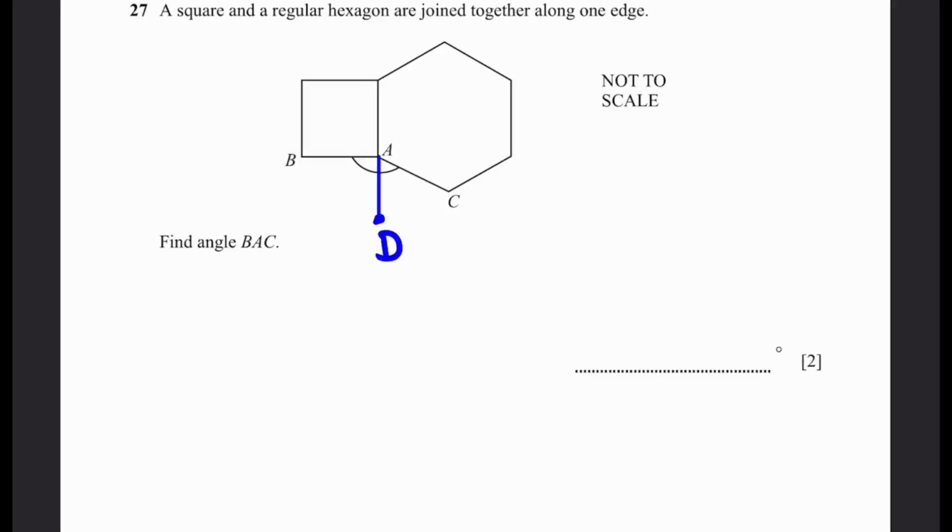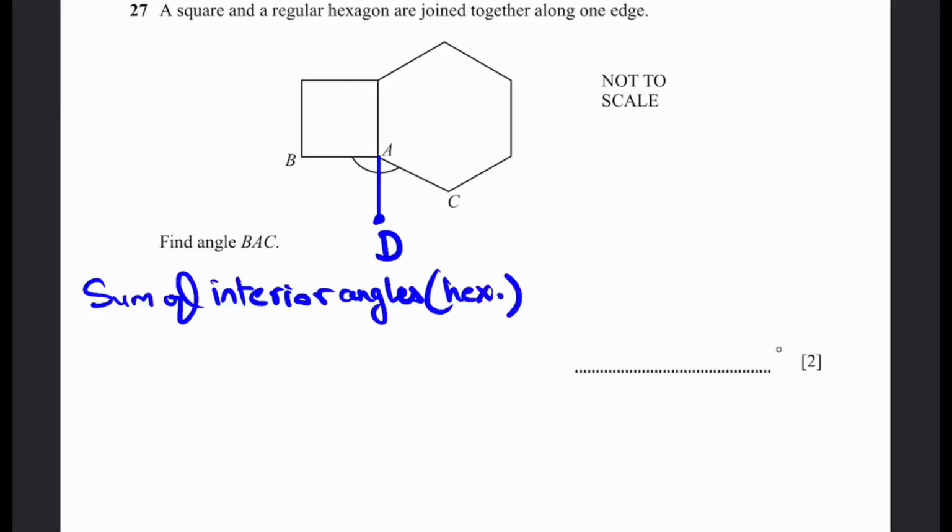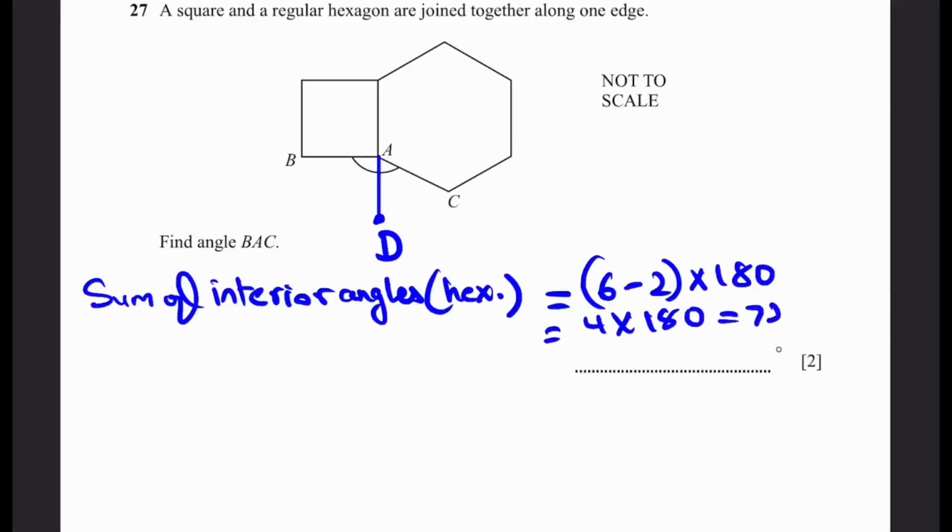So the sum of interior angles of a hexagon is equal to n minus 2 into 180, 6 minus 2 multiplied by 180, which is equal to 4 into 180, which is equal to 720.